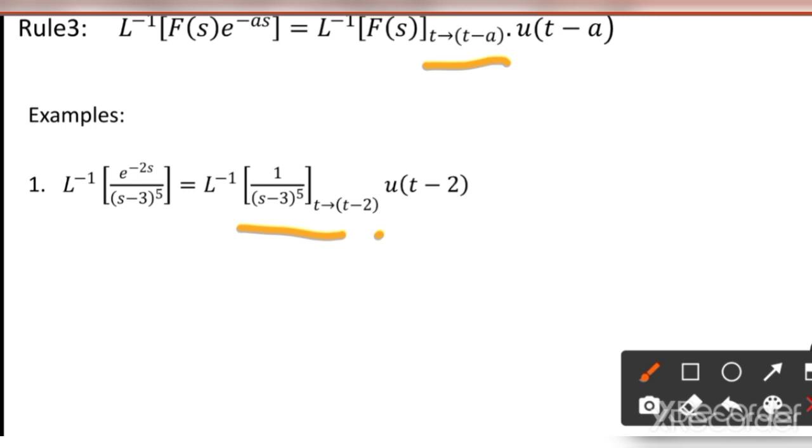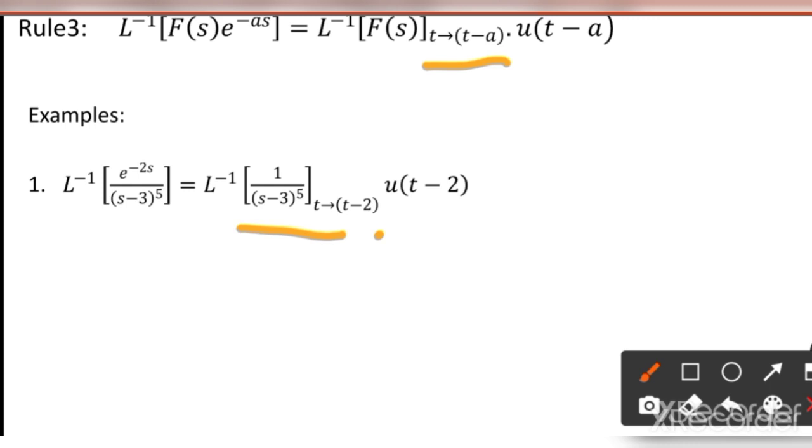So what is 1 over (s minus 3) power 5? Directly I can't write it. In case of 1 over s power 5, I could have obtained the result directly. So 3 is a hurdle, take it out, e power 3t. I'll get e power 3t into L inverse of 1 over s power 5, that is t power 4, because t power n minus 1 by (n minus 1) factorial.